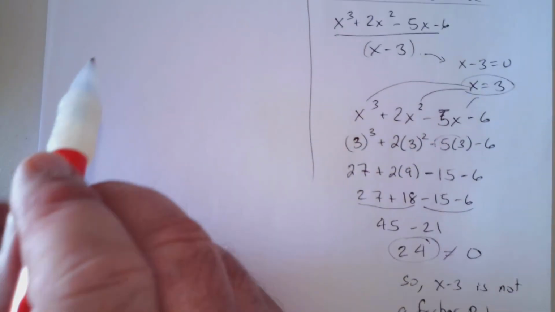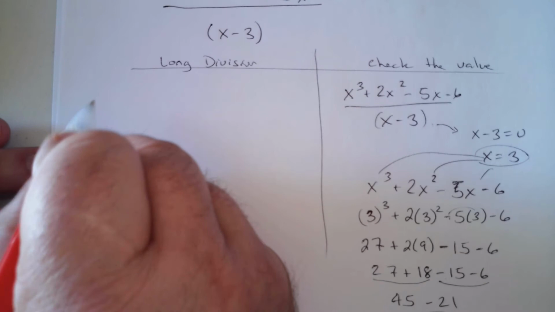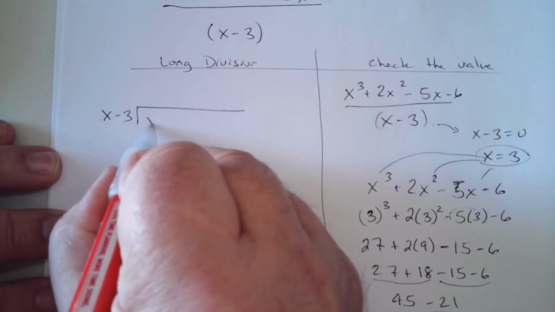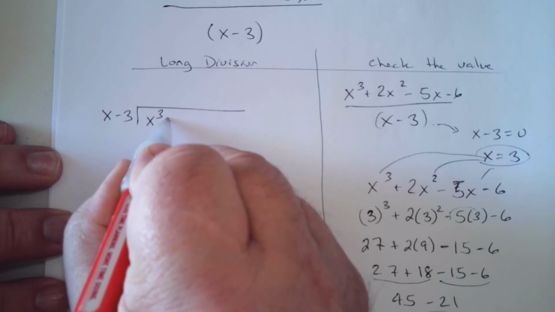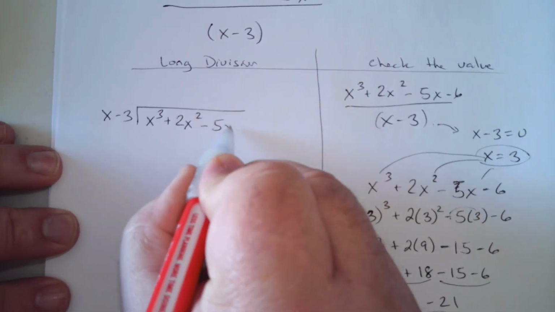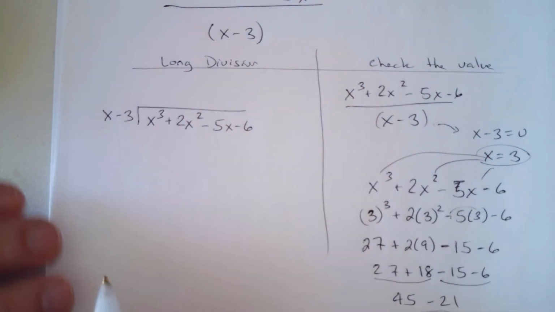So let's do long division. x minus 3 into x cubed plus 2x squared minus 5x minus 6.